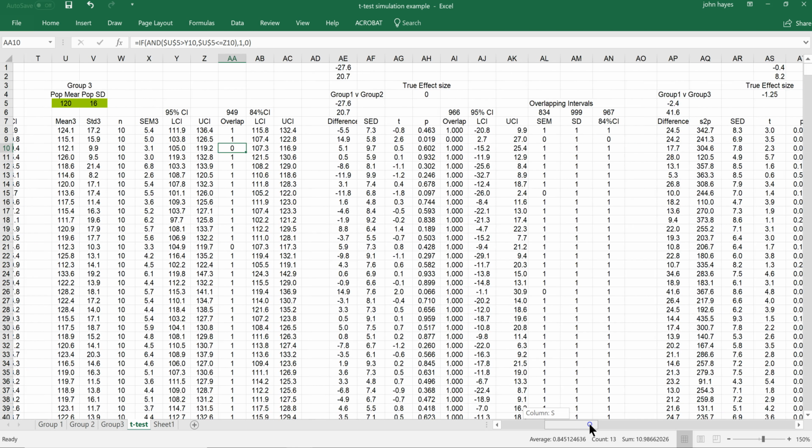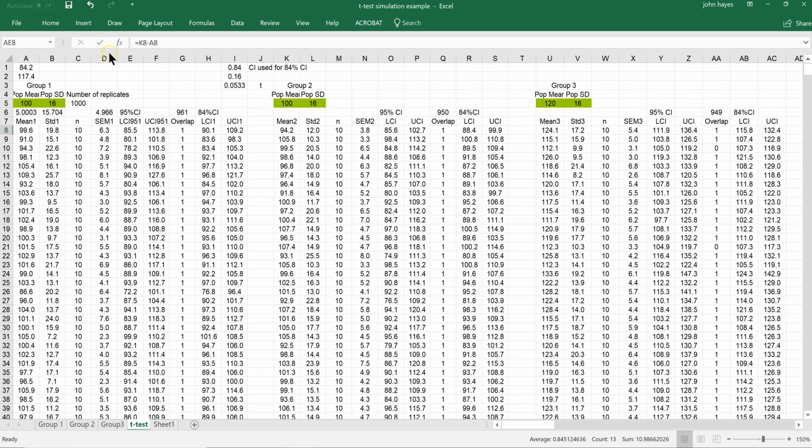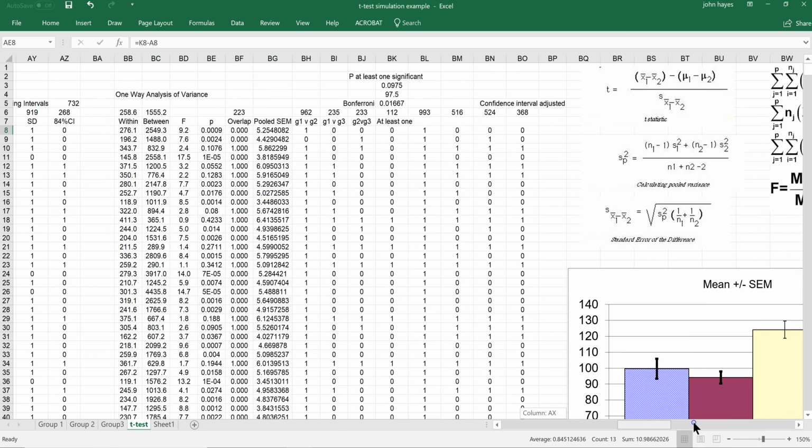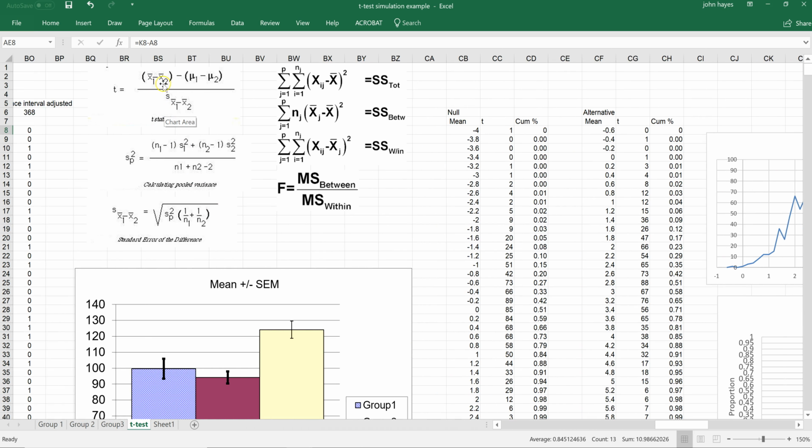All right, now let's look at our t-test. Now, this is comparing group 1 and 2. And the difference is minus 5.5. So we take our sample, we look at 99.6 minus 94.2. Remember, the t-test is the mean of x1 minus the mean of x2 over the pooled standard error of the difference, which is right there.